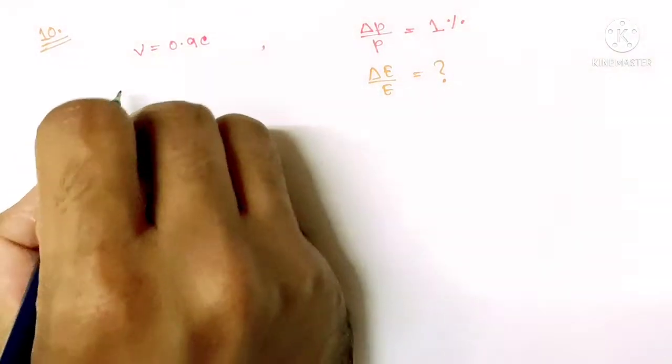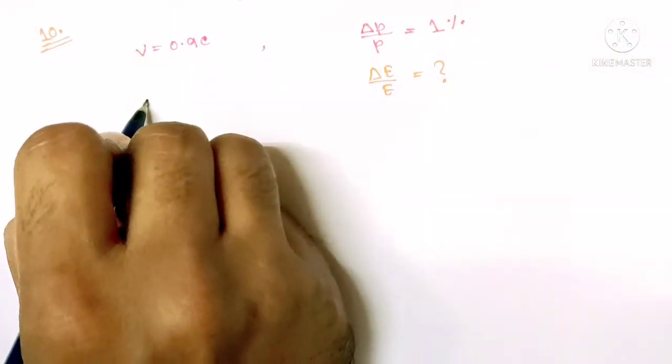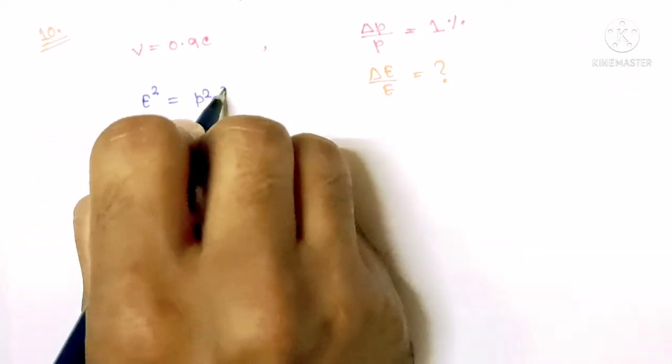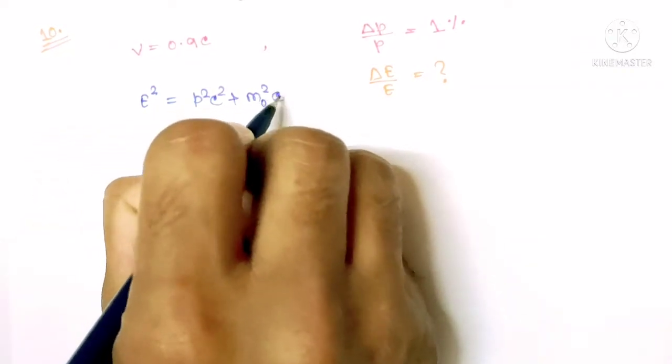So total energy of that electron is E square equals to P square C square plus m naught square C to the power 4.